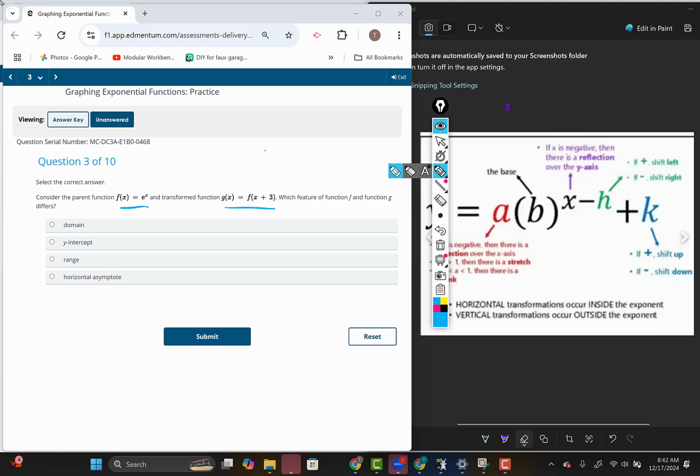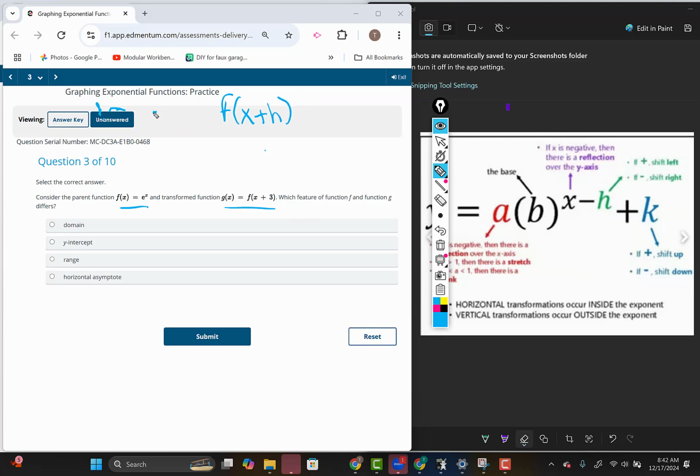Okay, so first off, we've got the transformation rules over here for exponential functions. They're pretty much the same thing for any function, but this looks a lot different. So I'm going to write down the general transformation rules for any function.